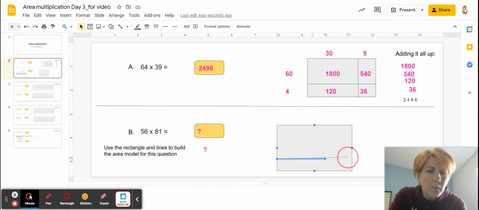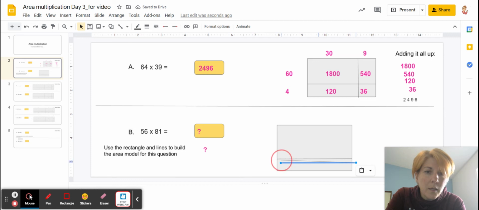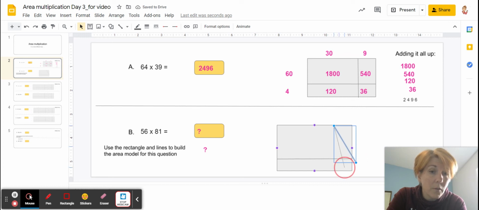All right, so I'm gonna line this up. Okay, and then I'm gonna copy and paste that. And so I need in total, I need 4 squares. Okay, just like we've done with all the other ones.